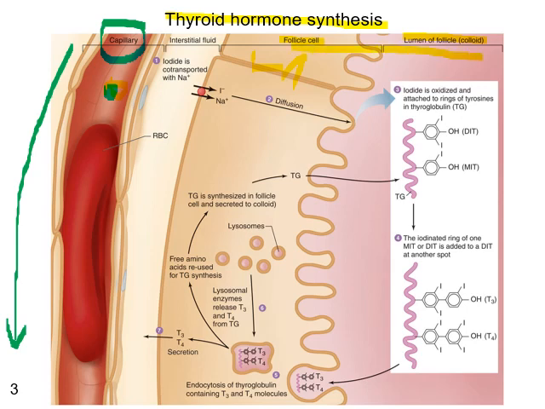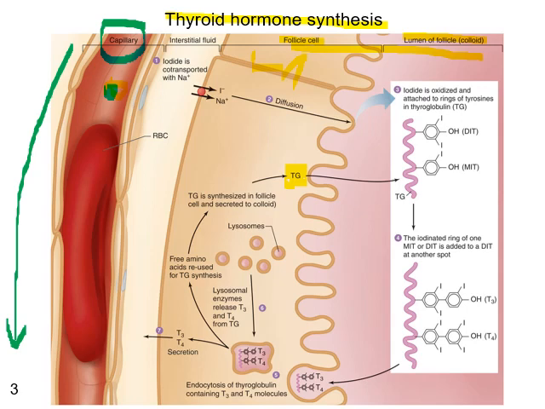The cells of the thyroid produce a protein called thyroglobulin. Thyroglobulin is an important player in this story. Thyroglobulin is a protein, and it's produced in the follicle cells.